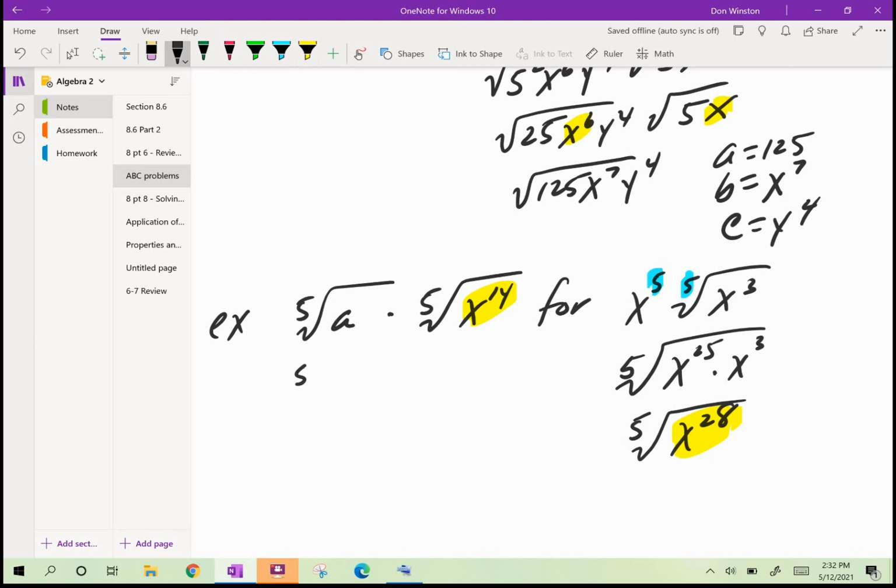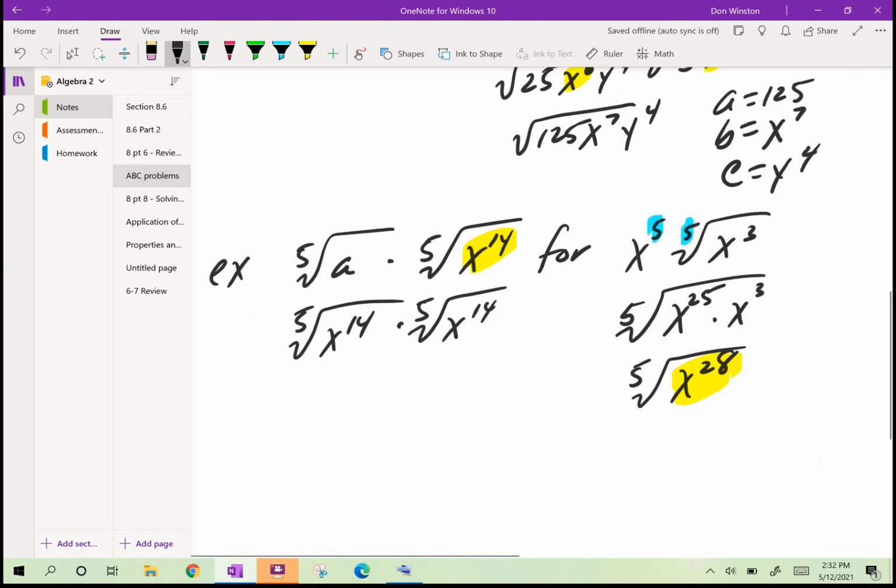So the 5th root of x to the 14th times the 5th root of x to the 14th. See, I just reversed the process there. With variables, it's easy. You just multiply the exponent times the index. 5 times 5 is 25, so x to the 25th times x to the 3rd, which is x to the 28th. And so A would have been x to the 14th.